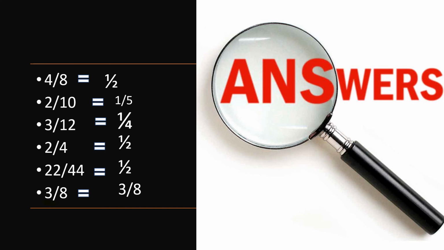And 3/8 finally was a little bit of a trick question. Did you spot it? We can't divide 3 and 8 by anything equally, so that one has to stay as 3/8.